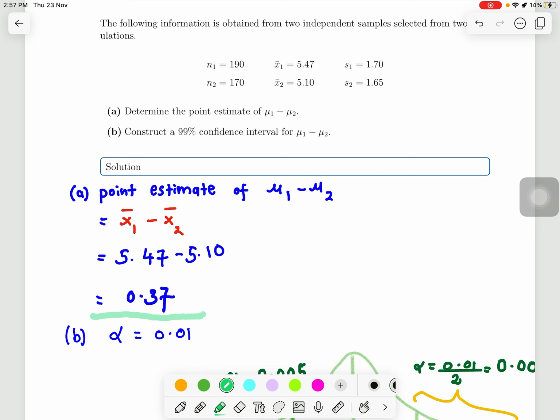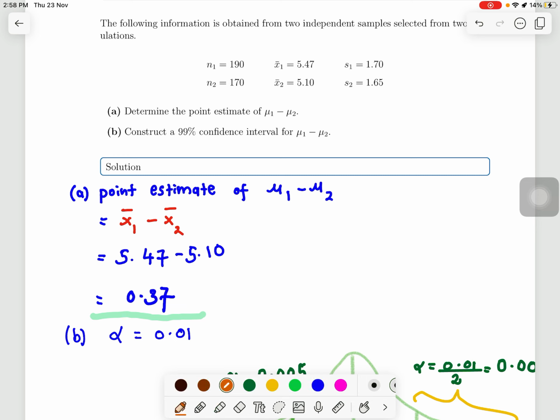Okay, so I repeat, the point estimate of two independent samples is you just take both averages and get the difference between those two values. So 5.47 minus 5.10 is 0.37.